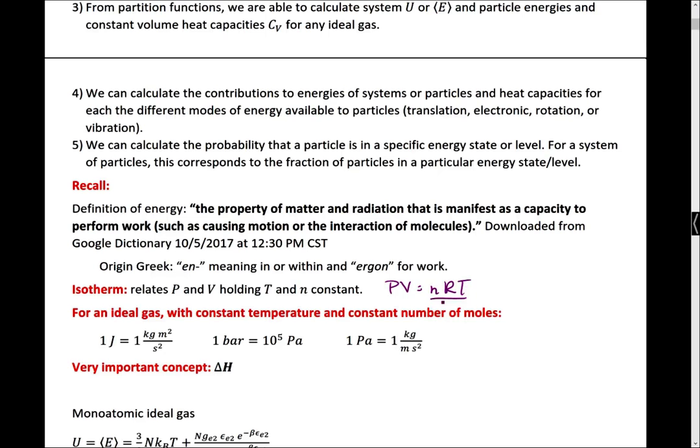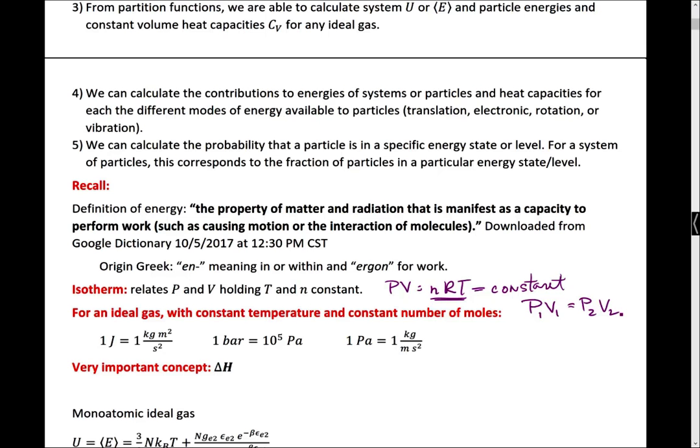And that means that this is a constant. And you may recall from general chemistry that when you have an isothermal process, you can write P1V1 equals P2V2, right? And that's just restating what holds true for an isotherm, right?